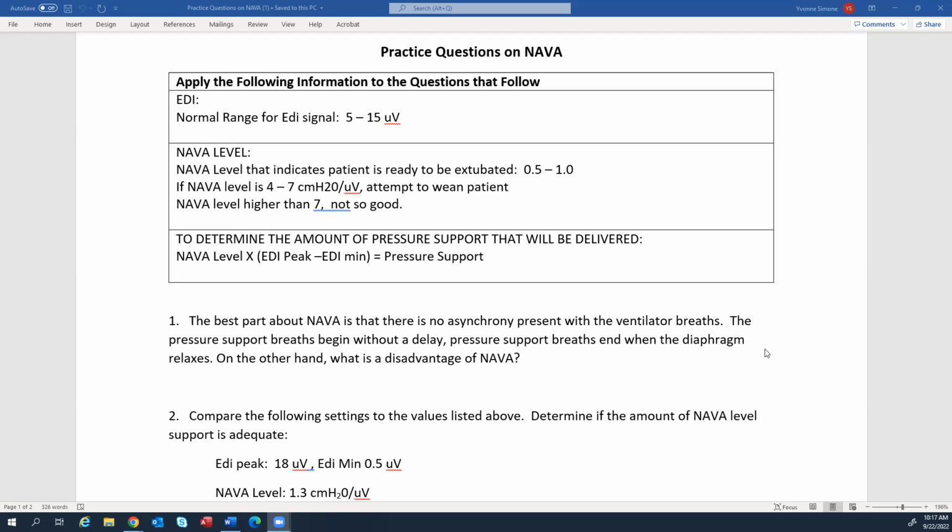If the NAVA level is between 4 and 7, then it's possible to wean the patient, let them start doing more work on their own. So we would start decreasing the NAVA level even more than what it's on. But if they're requiring a NAVA level higher than 7, that tells us we have to give them a lot of help in order for them to move air in and out of their lungs.